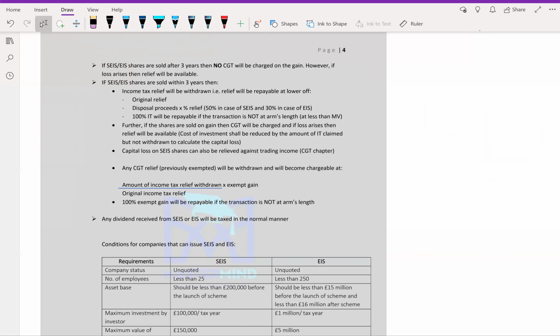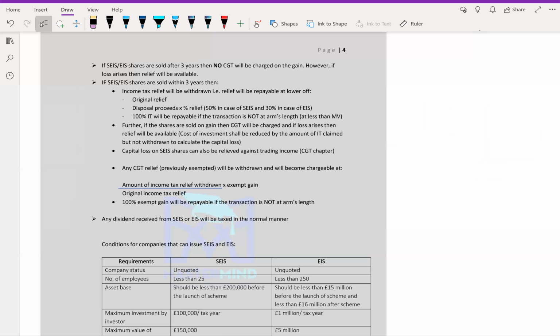So whatever disposal proceeds you have multiplied by the percentage of relief, which is 50% in case of SEIS and 30% in case of EIS, right? 100% income tax will be repayable if the transaction is not at arm's length. Remember this. 100% of it will become repayable if, when you're selling your SEIS or EIS shares, it's not at arm's length, right?